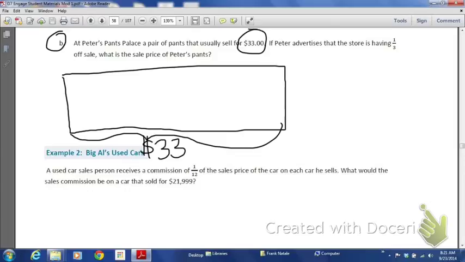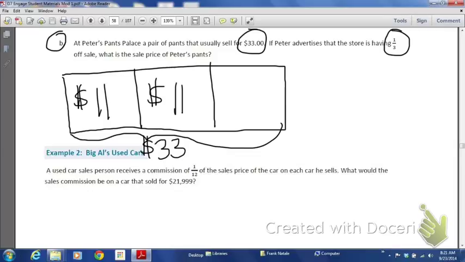Now we are looking at a 1/3 off sale, so a discount of 1/3. That's very handy, splitting that up into thirds. If we split 33 into thirds, we know that we will have $11 in each third. So each third of 33 is 11.